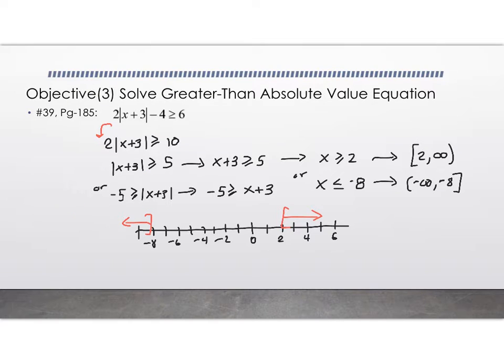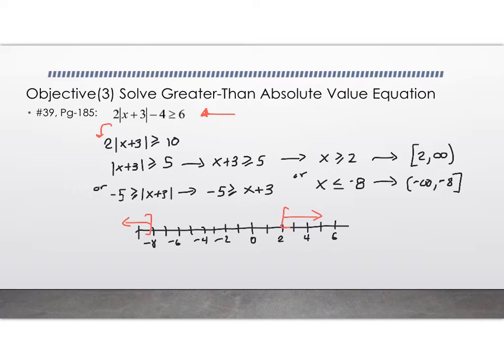Now we have a greater than. So this is problem number 39 on page 185. As you can see, we have 2 times the absolute value of x plus 3, minus 4, is greater than or equal to 6. The first step, of course, is to add 4 to both sides of the equation.